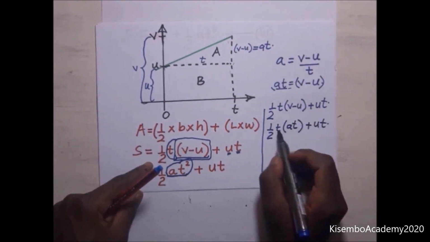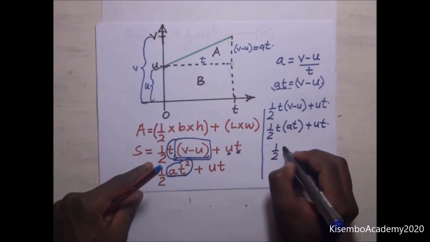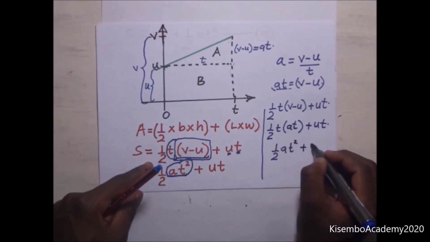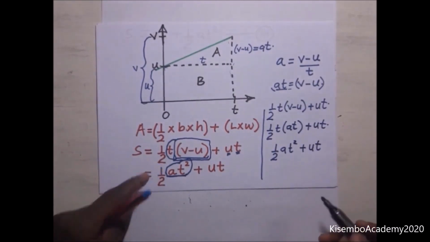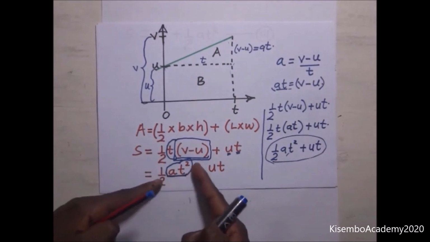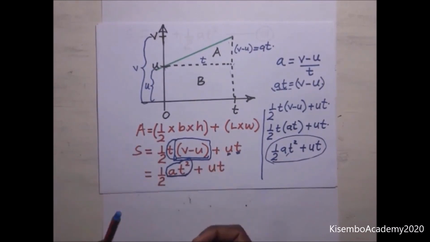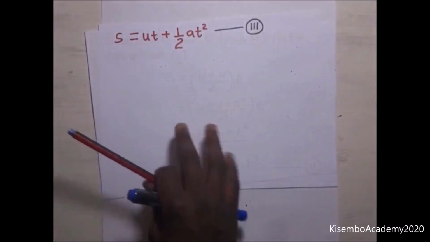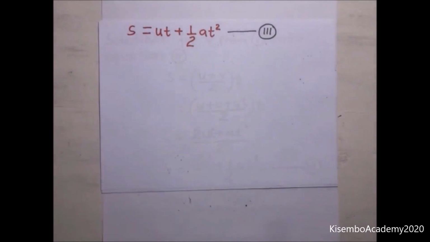So at times t becomes a half a t squared plus ut. This is how it comes to be like this in the next step. So we have formulated our third equation of motion. It shows that s is equal to ut plus a half at squared. That's our third equation of motion.